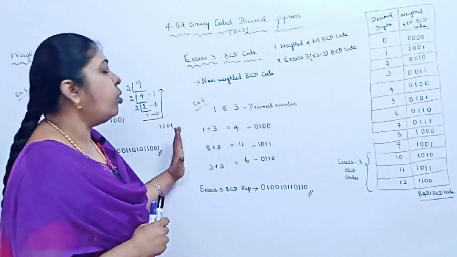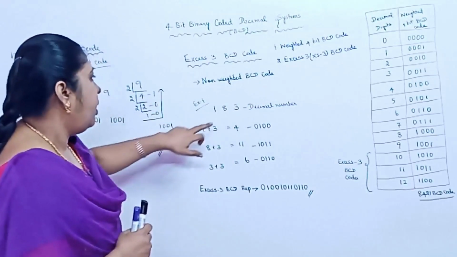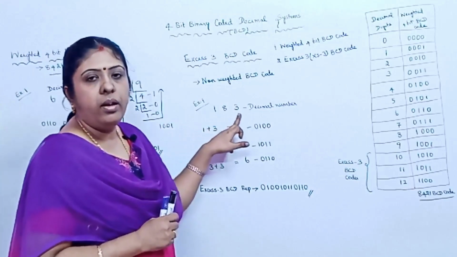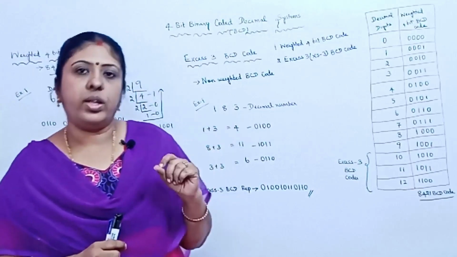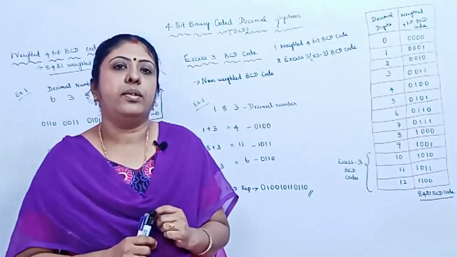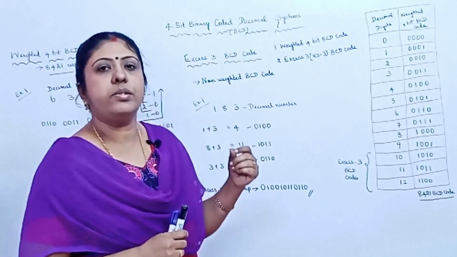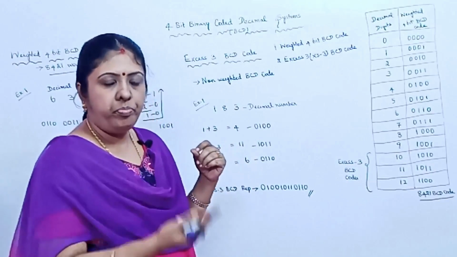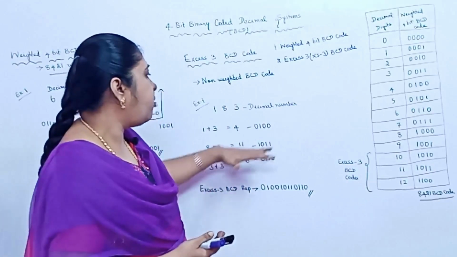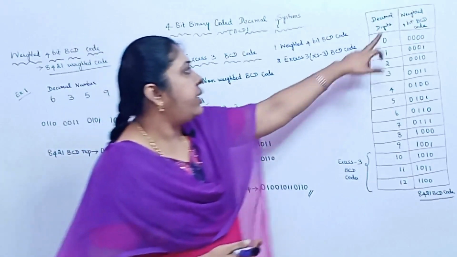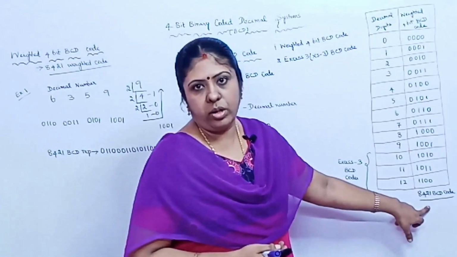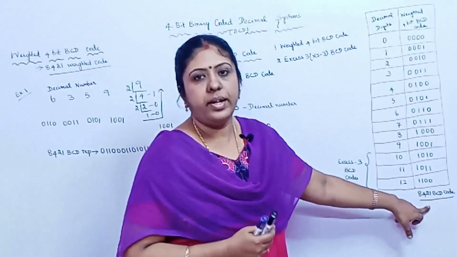The base idea to convert, consider 183, is we have to add 3 to each decimal digit. For each decimal digit we will attain again a decimal digit. And for that decimal digit, we have to substitute the weighted 4-bit BCD code, that is after adding the digit 3.